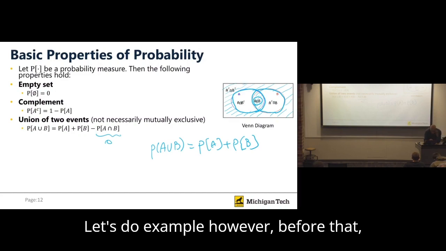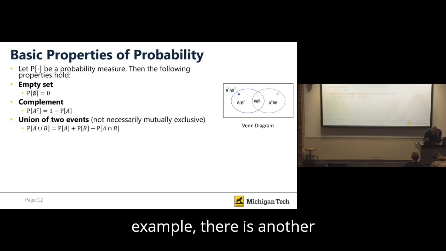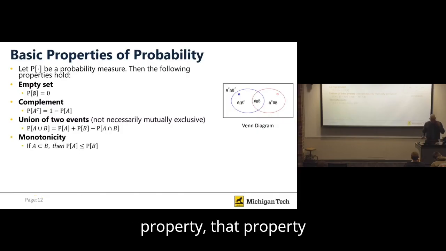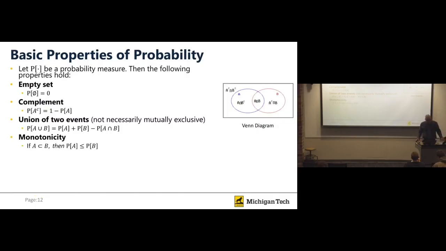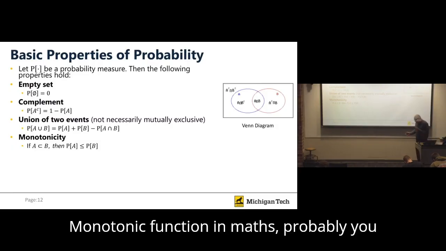Let's do an example. However, before that, there is another property called monotonicity, or monotonic. Monotonic function in math, you probably had that before.